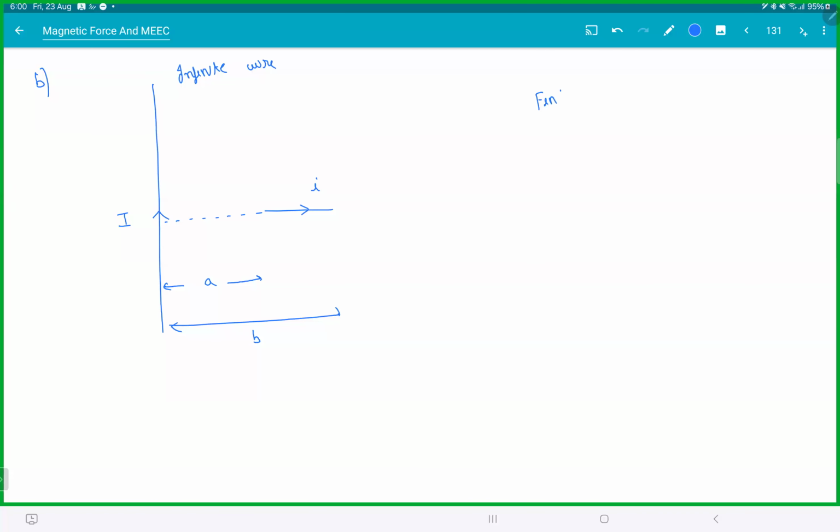So find the force on the small wire and torque on the small wire about the axis. Whenever I ask you torque, I have to define the axis also. Torque on the small wire about the infinite wire. Means I'm taking the infinite wire as an axis of rotation.